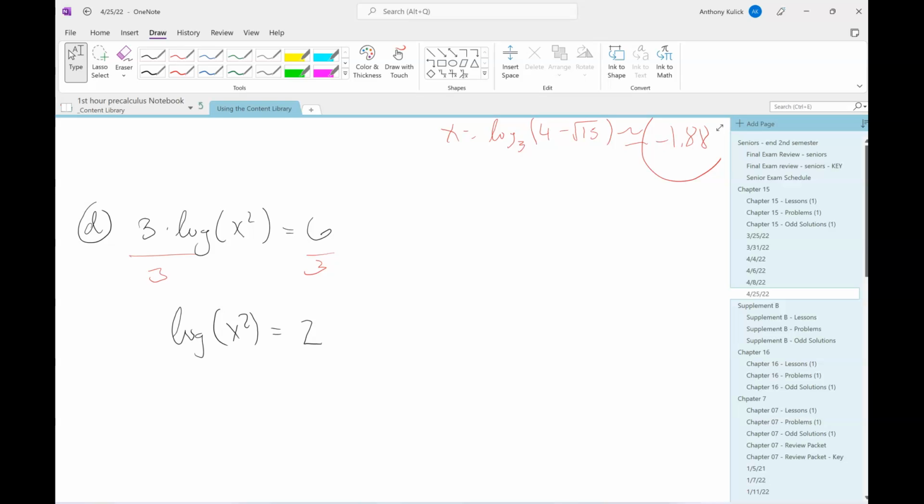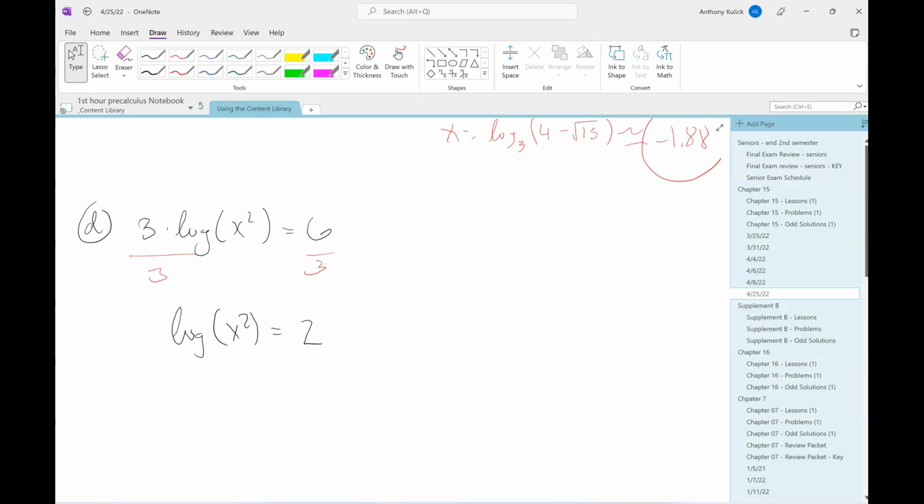How about now? What do we need to get rid of next? The log, right? Very good. So how do we get rid of a log? Well, we multiply by the reciprocal.